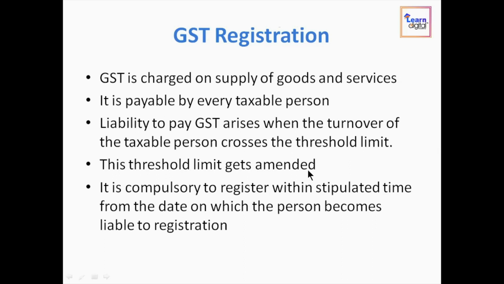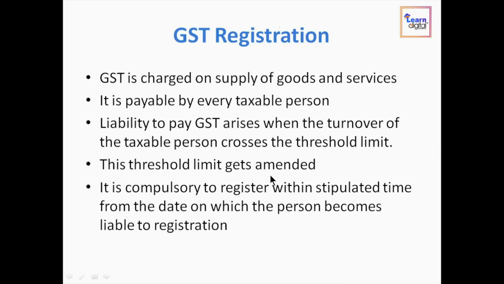For the latest rules, we need to check the GST portal. Whenever this turnover gets crossed, that business, or the owner of the business, needs to go for GST registration, and it is compulsory to register within the stipulated time, which is 30 days from the date on which the person becomes liable to register.